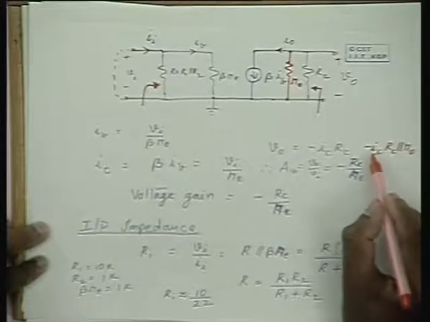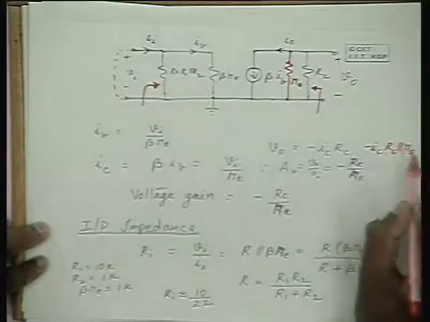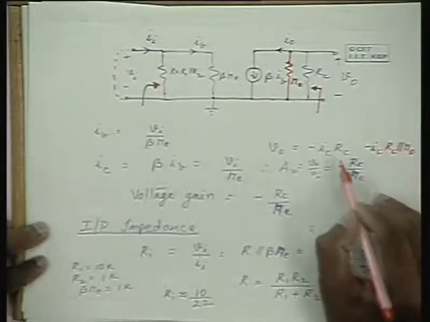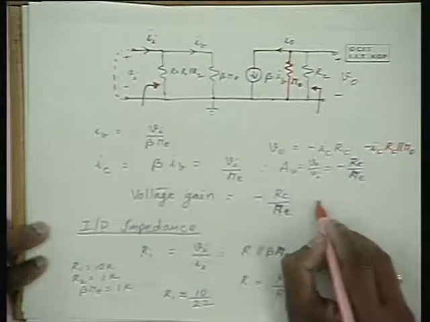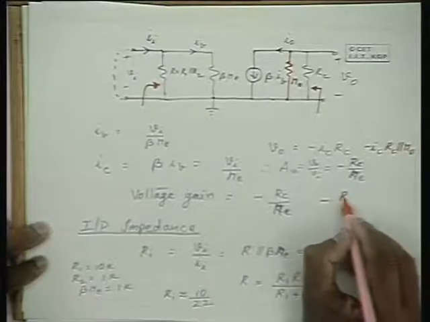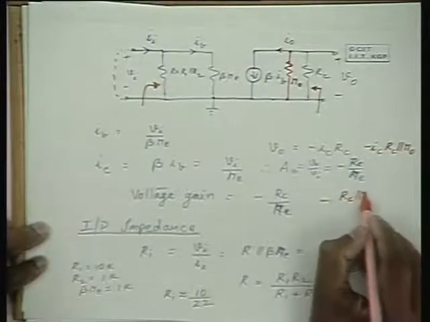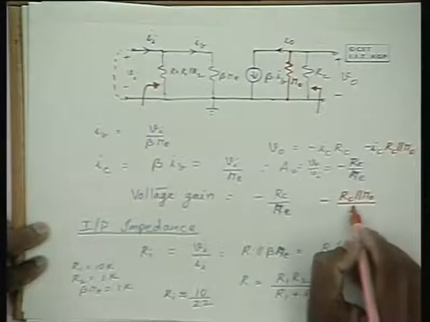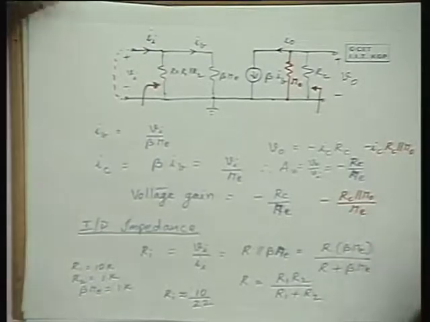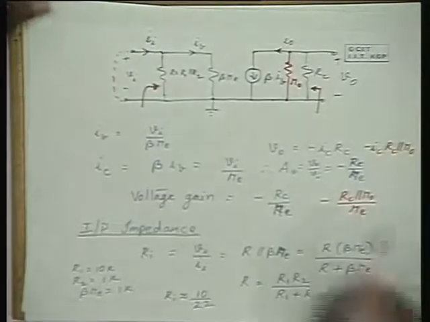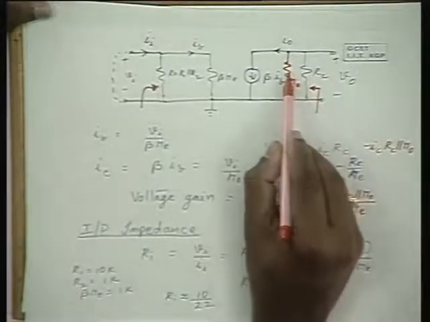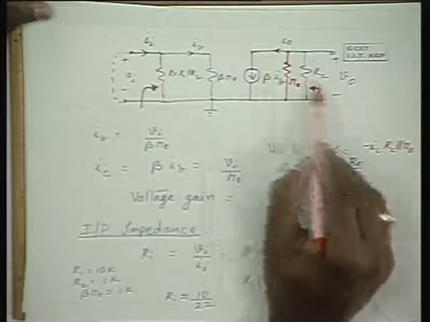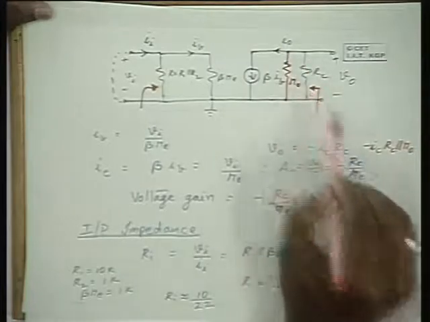So now by substituting this parallel combination resistance in place of RC, you will get the voltage gain as minus RC in parallel with R0 divided by RE. That means the loading is not only by RC, the loading is also by R0, and the parallel combination is always less than RC.